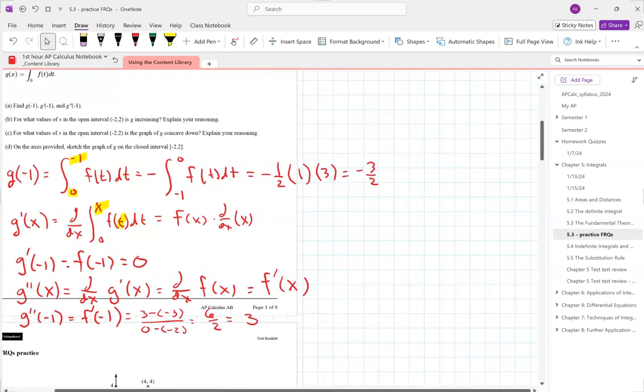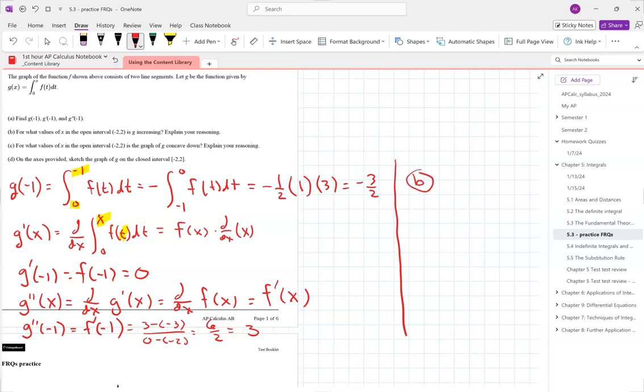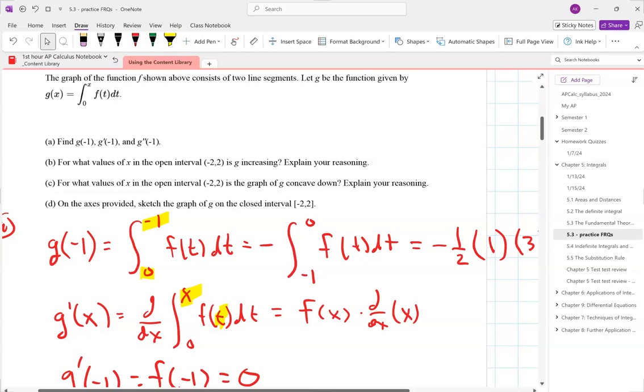All right. Part B says, for what values in the open interval -2 to 2 is g increasing? Explain your reasoning. So if I'm looking for where a function is increasing, what do I need to look at? I need to find where its first derivative is positive, right?